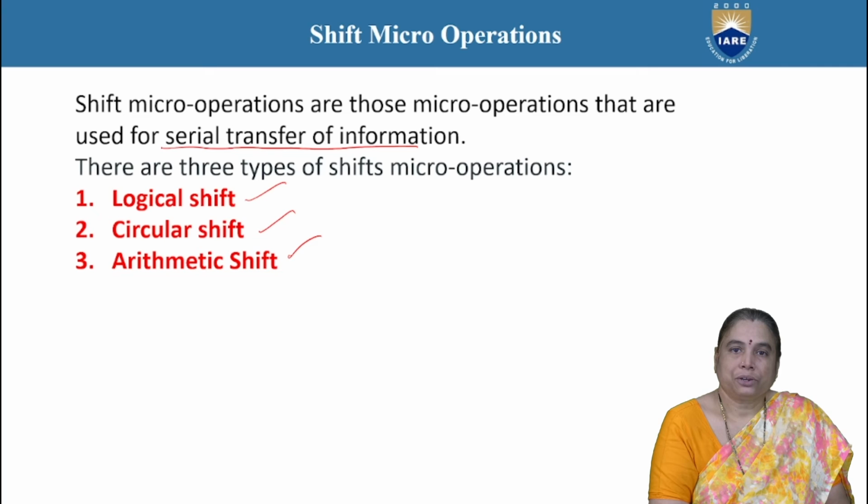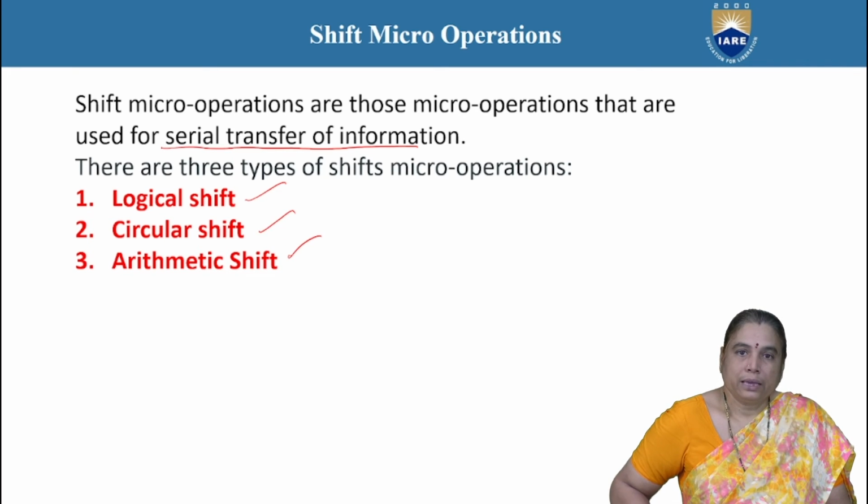In the logical shift, there are logical left shift and logical right shift. In circular shift, circular left shift and circular right shift. And in arithmetic shift, arithmetic left shift and arithmetic right shift. So in total, six shift micro operations can be used. Now we will discuss each category.